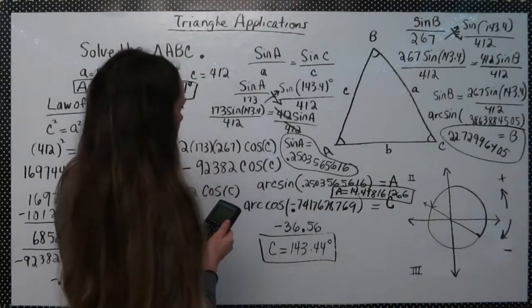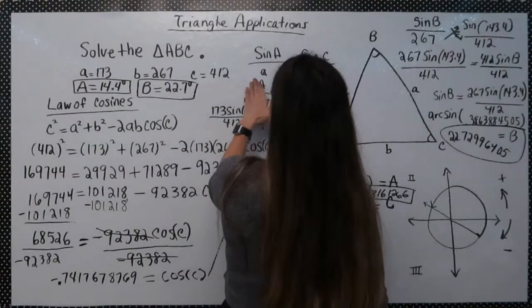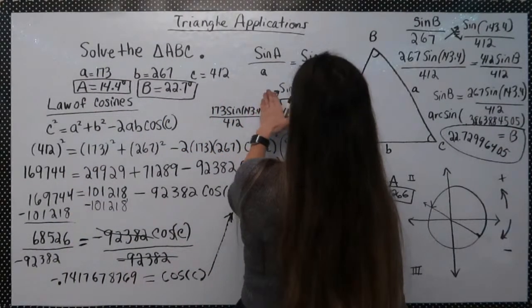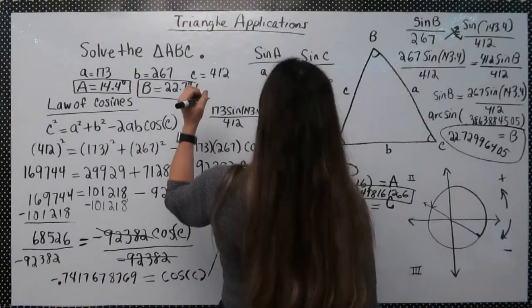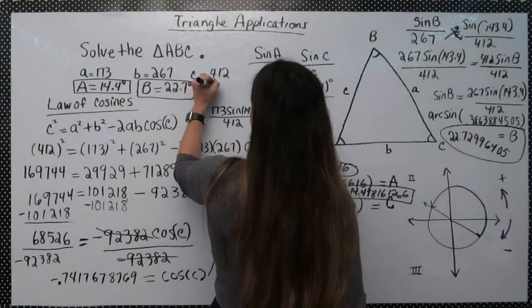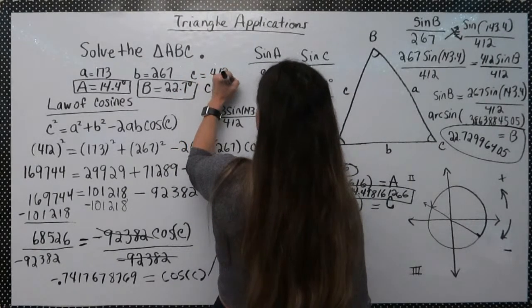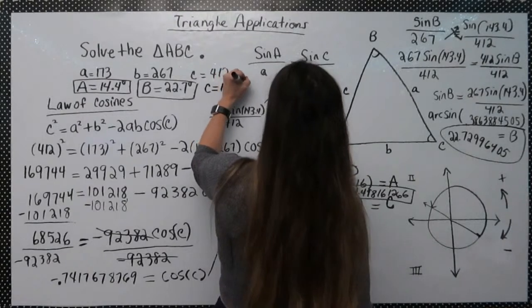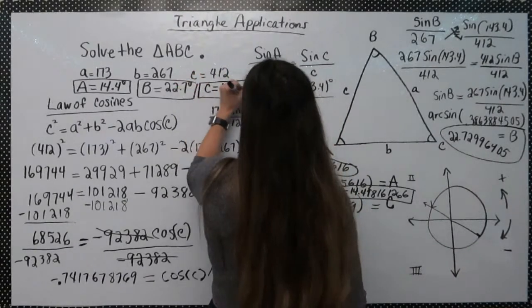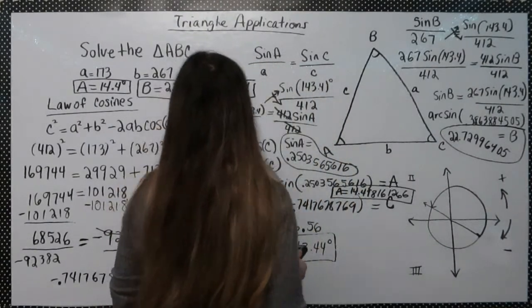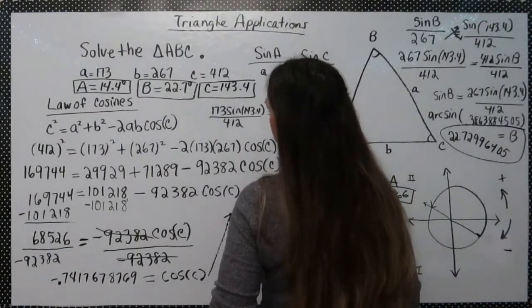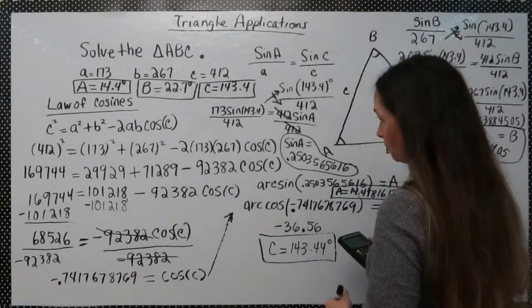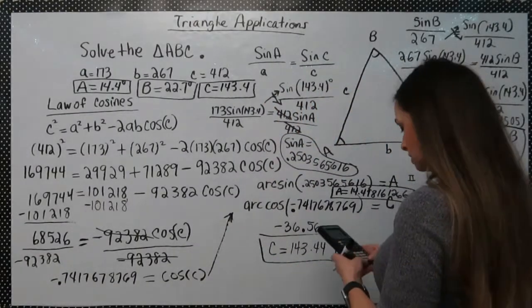And we have angle C, scoot that up a little bit, down here, it's 143.4. And then the final check, you remember that they all three add up to 180. So we should have 180 degrees here.